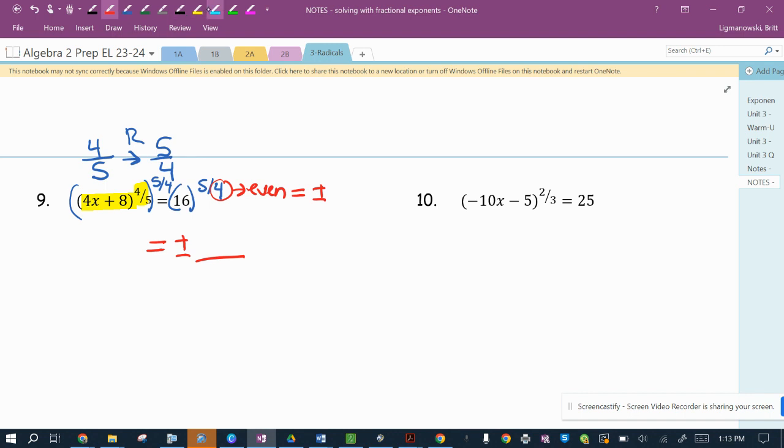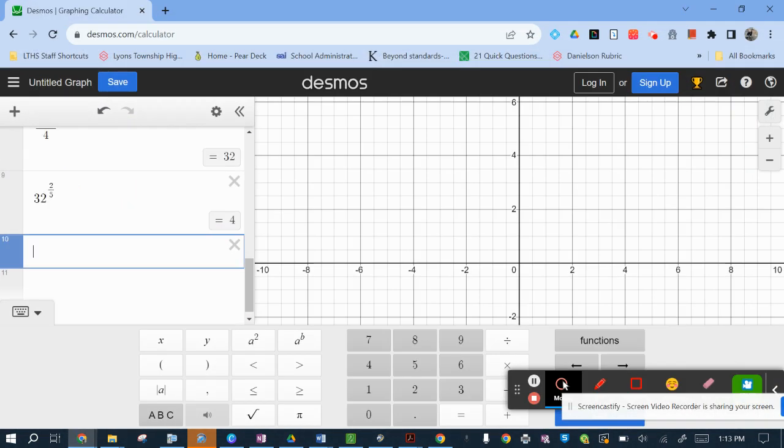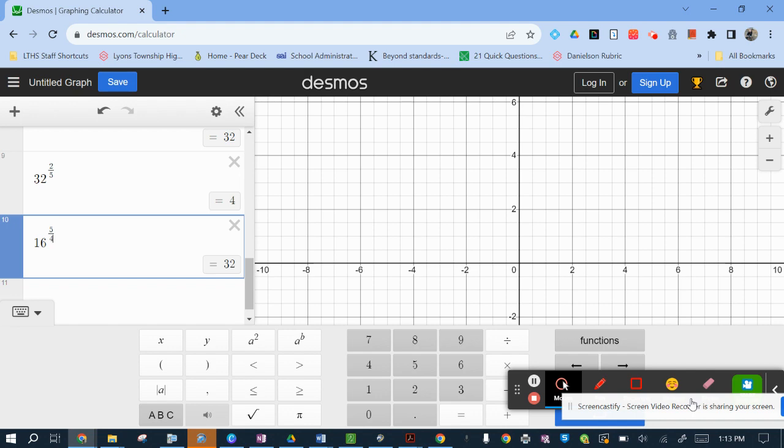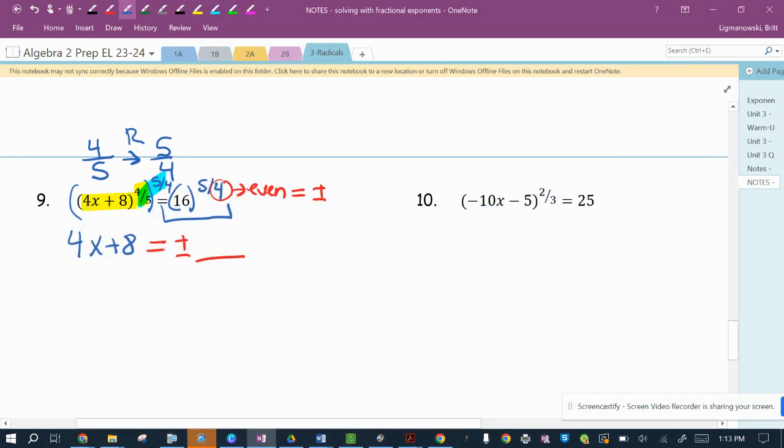On the left side, I'm going to be left with just 4x plus 8. And then I need to put this in the calculator, 16 to the 5/4. And we're going to get 32. So positivo and negativo, 32.